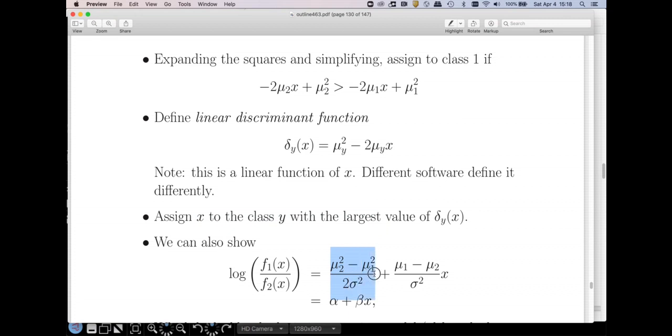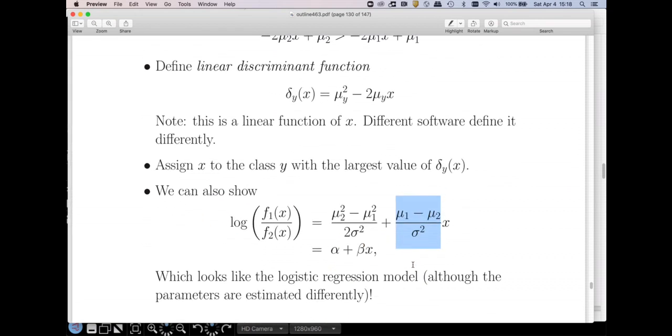I have some constant plus another constant times x. So it looks like logistic regression, but the parameters are estimated a little bit differently. So that's moderately important. All right, I think that's a good place to stop part 1 of classification theory.